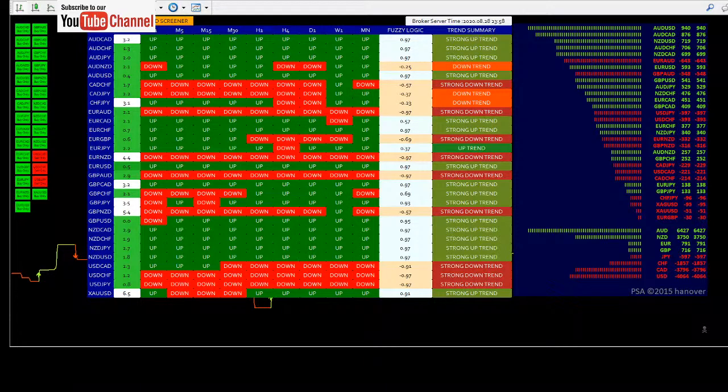GCAD on the 1 hour doesn't seem like too much, so looks like GCAD can be a nice trade if we get a retest on the 4 hour. I think it looks pretty good.